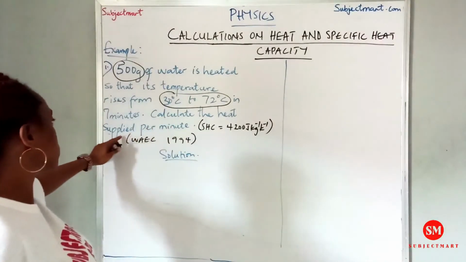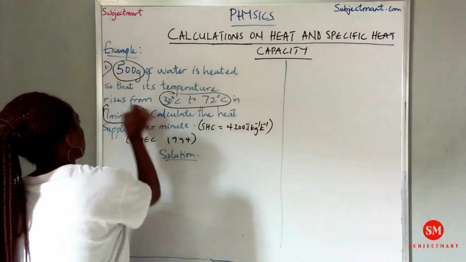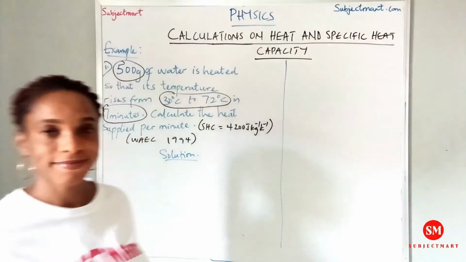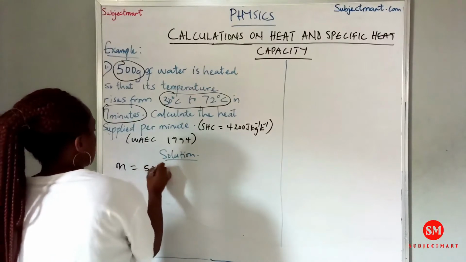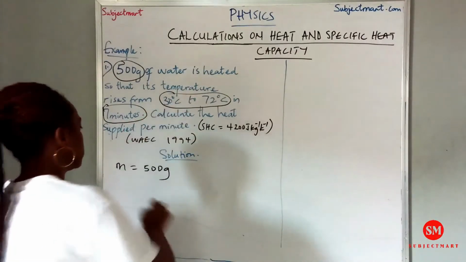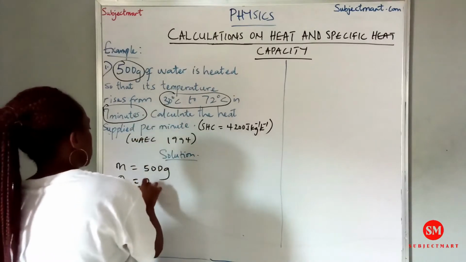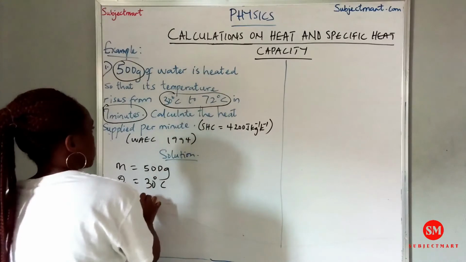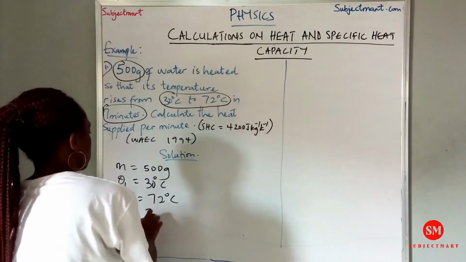Calculate the heat supplied per minute for 7 minutes. So the first thing we need to do is to write out our parameters. M is 500 grams. Theta 1 is 30 degrees, and theta 2 is 72, in 7 minutes.